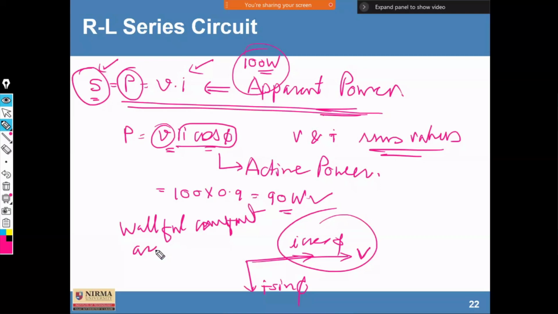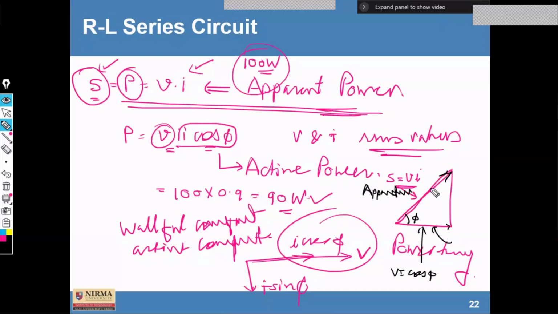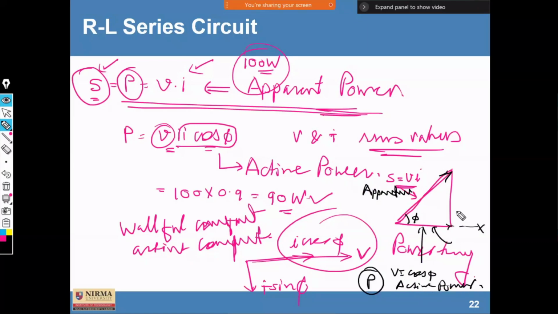If we resolve this VI into cos phi, this component would be VI cos phi, because if you resolve this vector VI on the x-axis, that would be multiplying by cos phi. So VI cos phi is active power, and it is abbreviated as capital P. And this other part is known as reactive power, which we can write as VI sin phi.